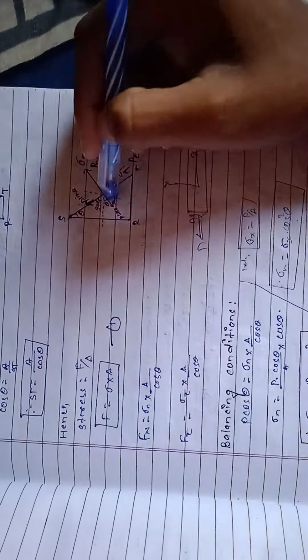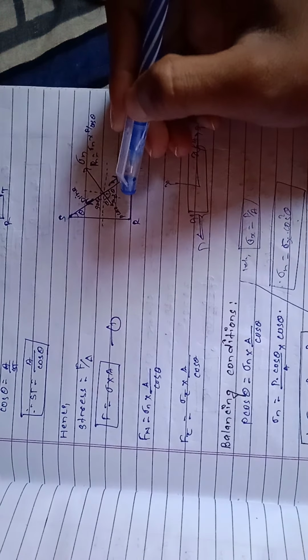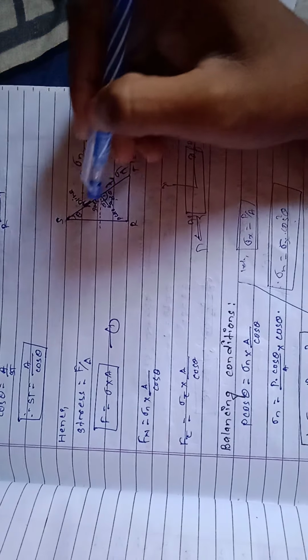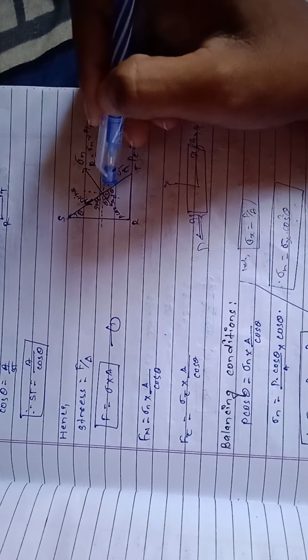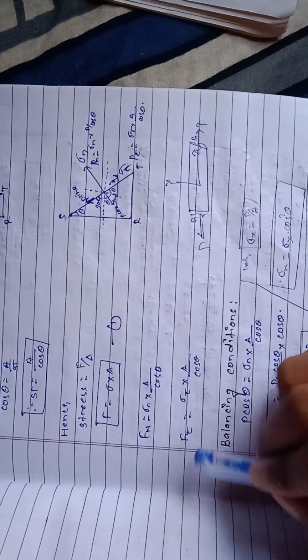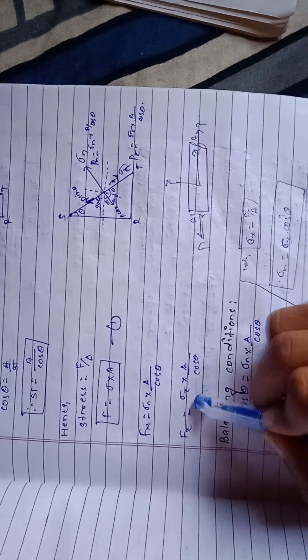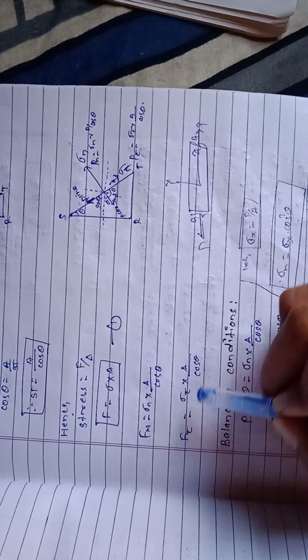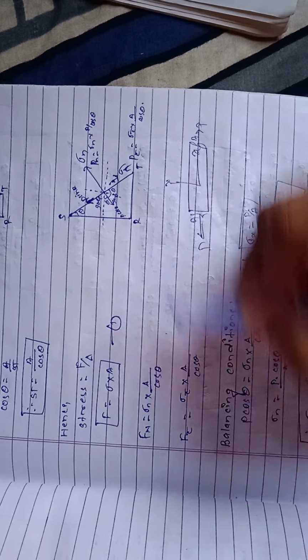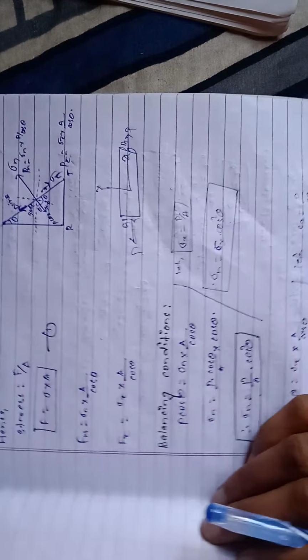Similarly, shear stress is acting inclinedly. So at the inclination, shear force is equal to shear stress into area. The area at that surface is A by cos theta. After putting this in, we get this.